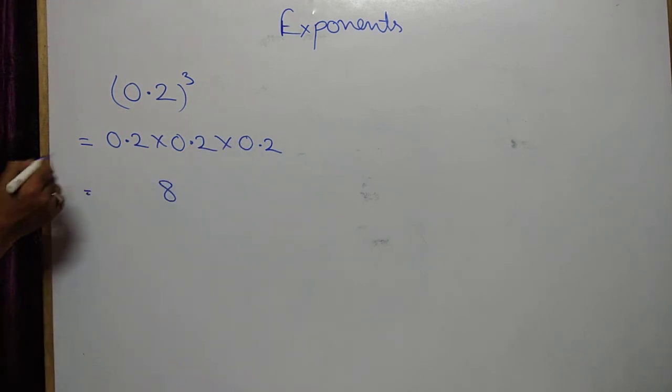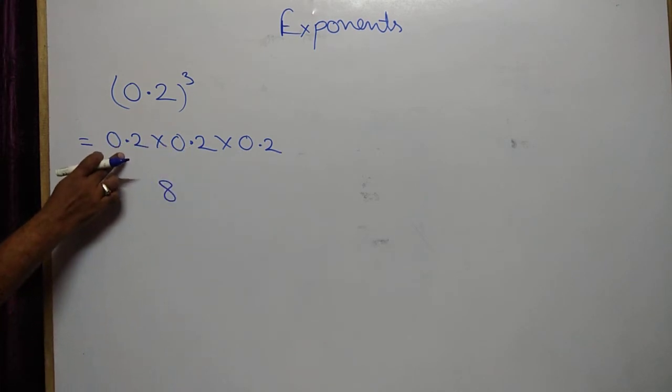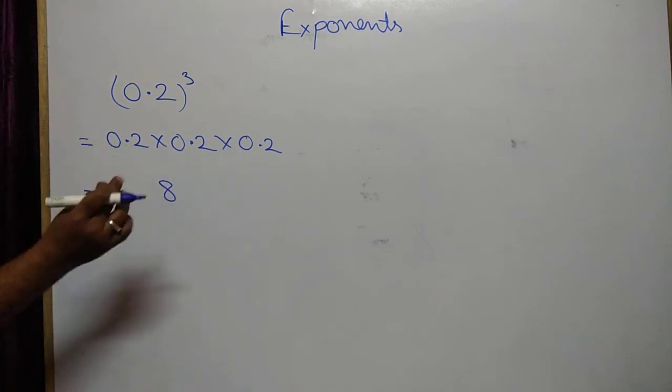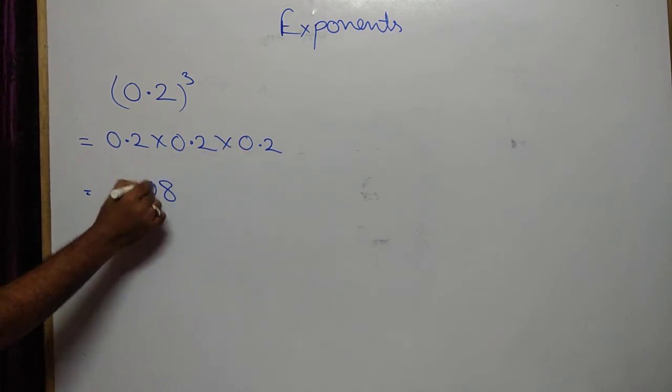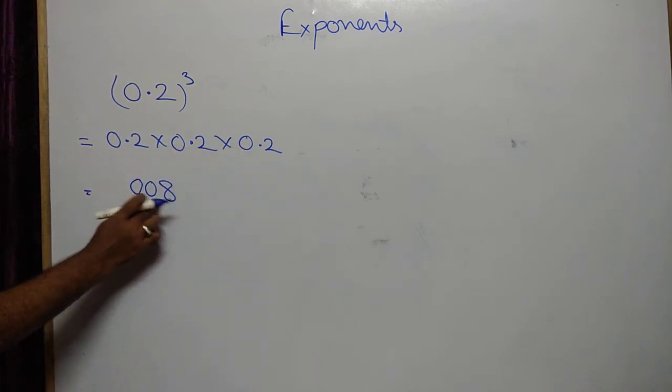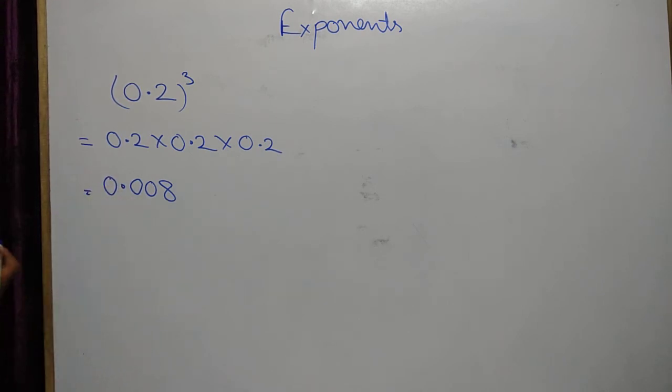Clear? But they are decimals, so count the total number of digits after the decimals: 1 2 3. So the answer is 0.008. This is how we find the values.